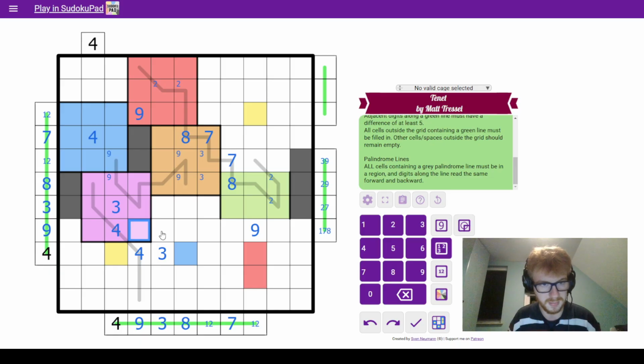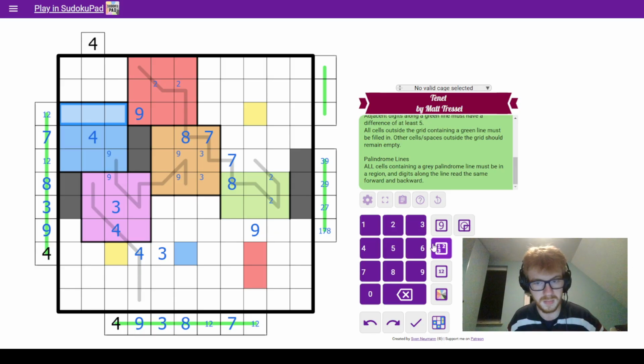That could be the 8. One of those is 8. Cannot be this one, so one of these is 8, but that's not very significant. That's not significant enough for me to pencil mark.